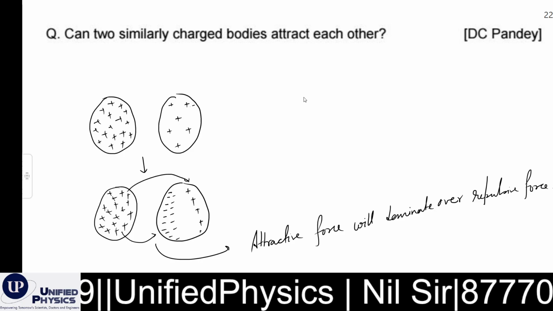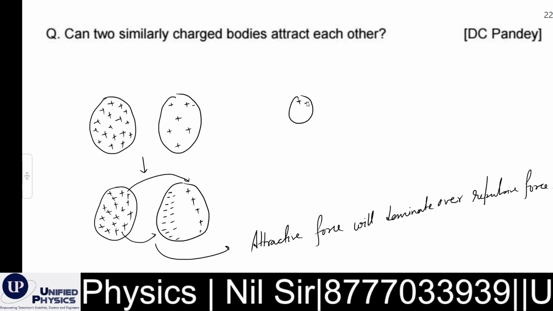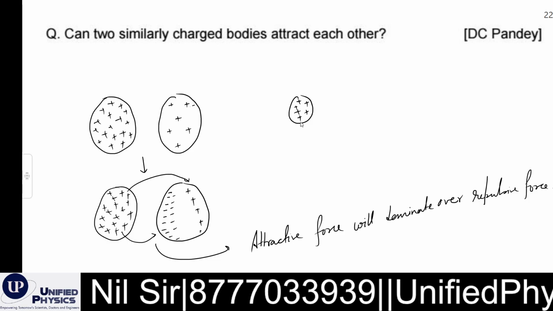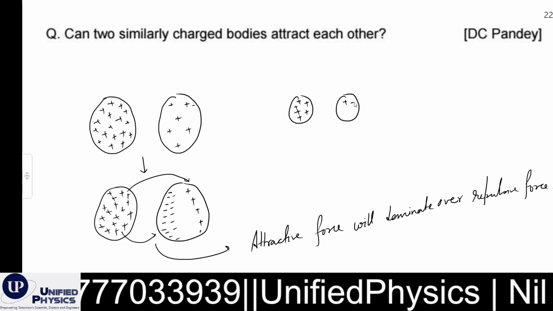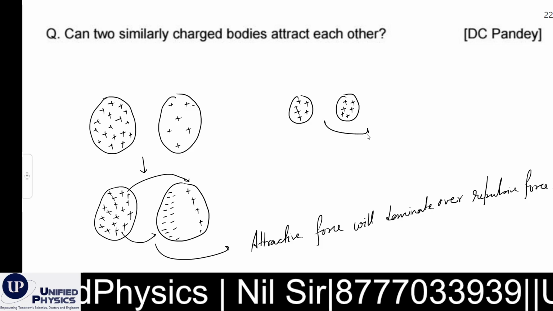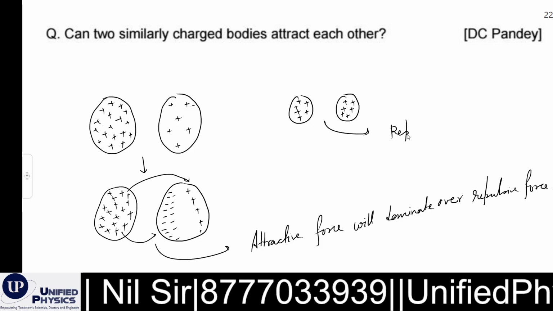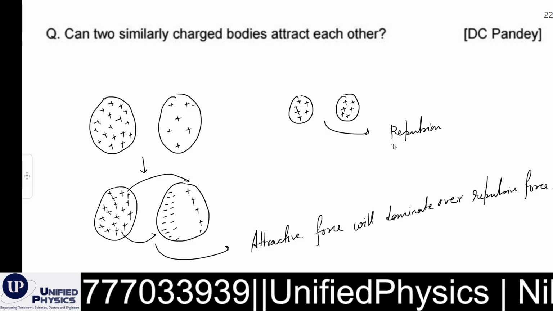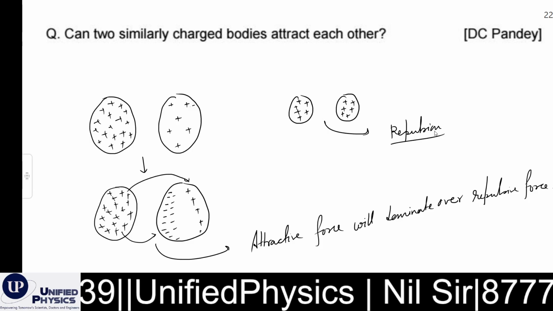But এটা যদি equal amount of charge হতো, for example এখানে যতটা amount of charge হতো more or less equal, তাহলে এখানে বেসিক্যালি কি হতো, রিপালশন। So repulsion will be the dominating force here.